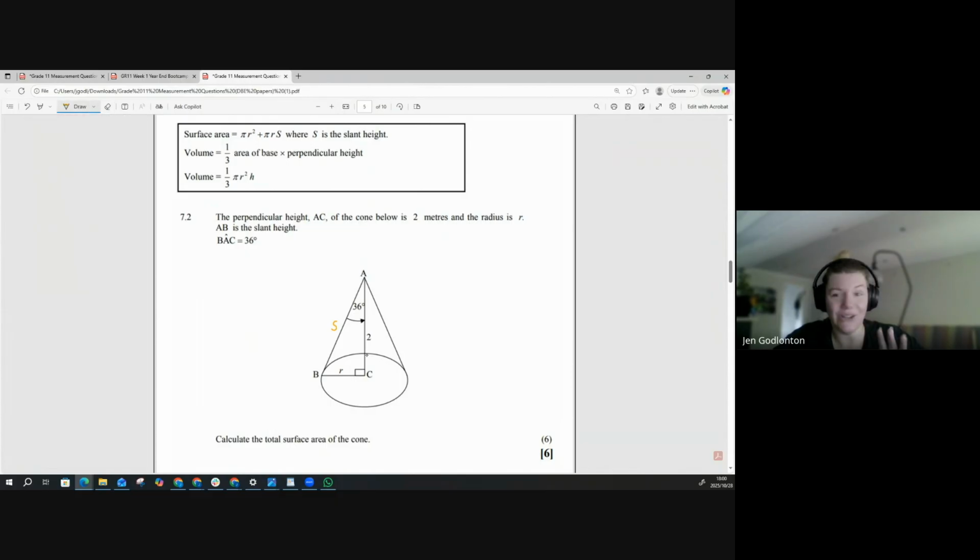When we're having a look at this, the first thing I want your brains to always jump to as soon as you see a cone, and often a triangle, like a square pyramid, is that trig is often your friend, absolutely. And Pythagoras is your friend. Trig and Pythagoras.